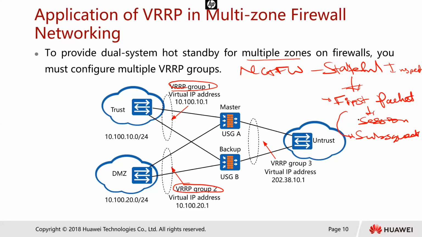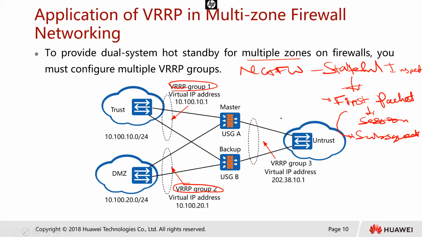The subsequent packets going in and out of the firewall are just processed as subsequent packets, giving us faster processing and better efficiency. That is stateful inspection: inspect and process the first packet, and for other packets just check their sessions, see if they belong to the same session, and go ahead with the subsequent processing.